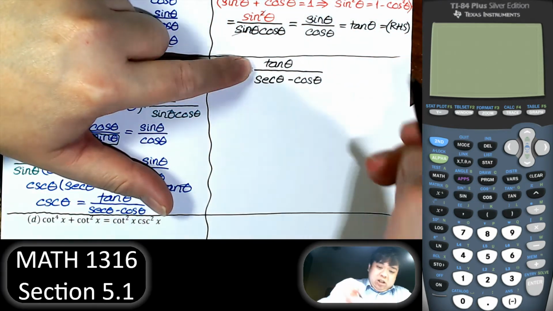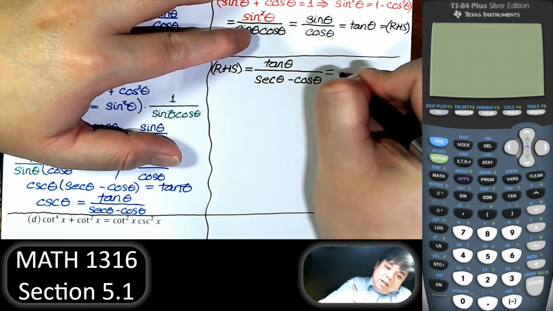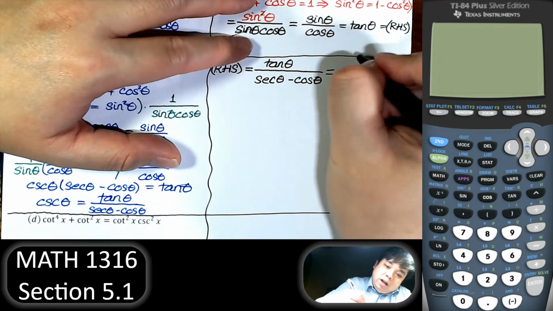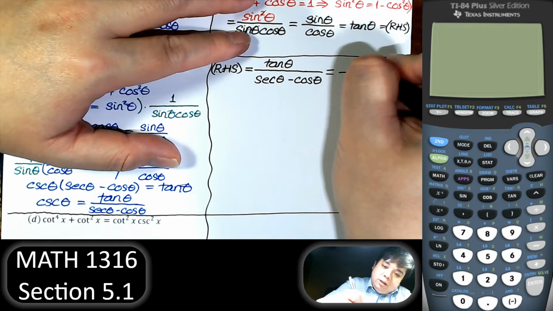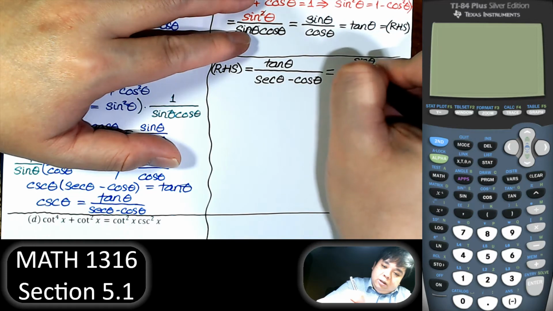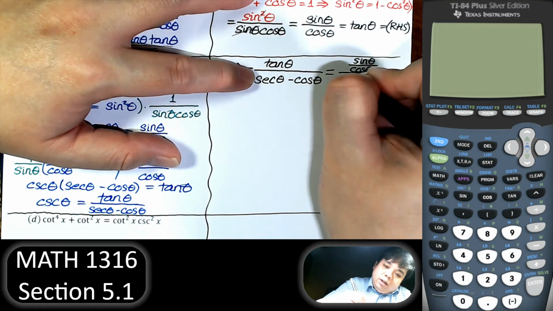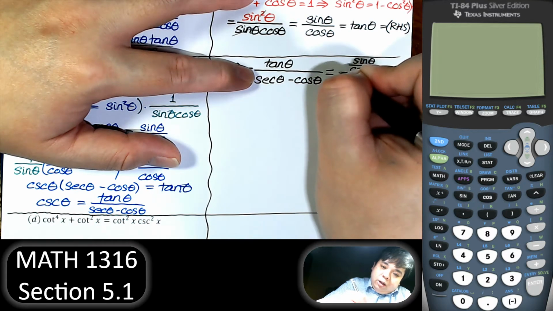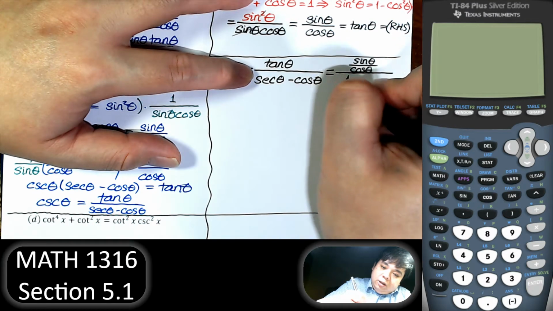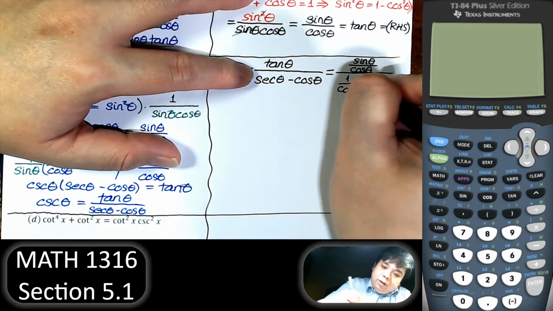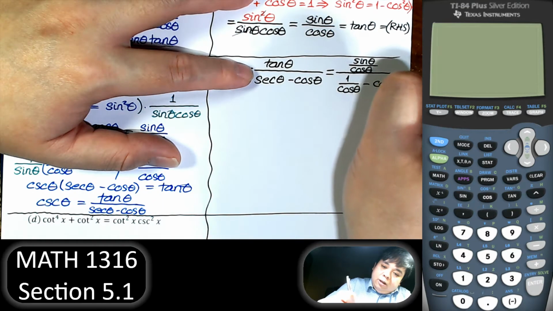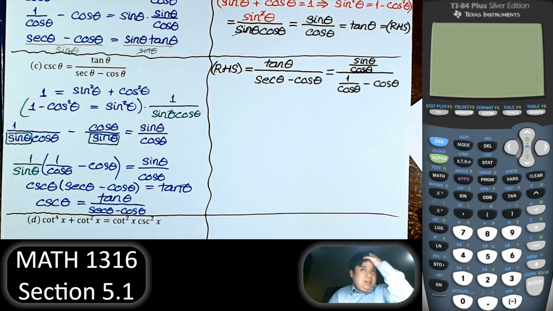So the first step I do is write everything in terms of sine and cosine. Secant is 1 over cosine. So write everything in terms of sine, cosine.